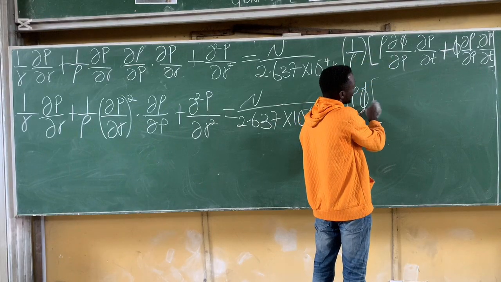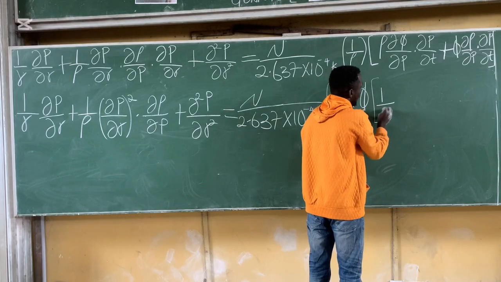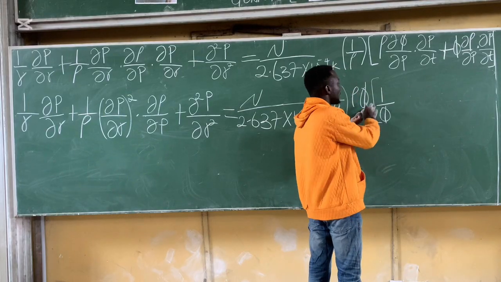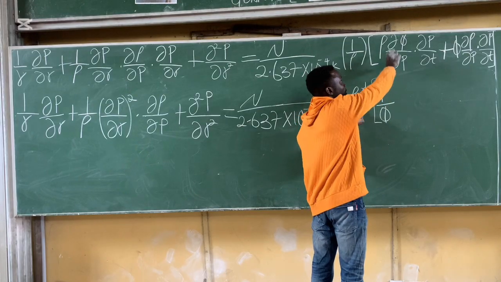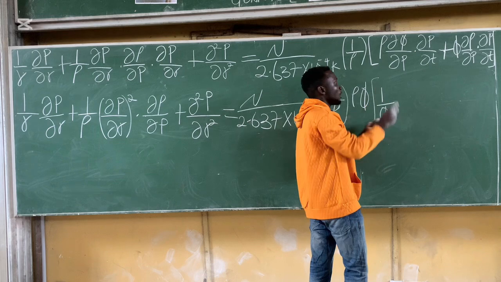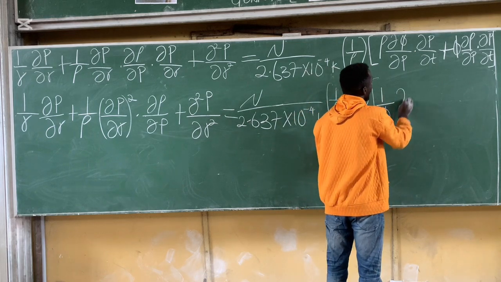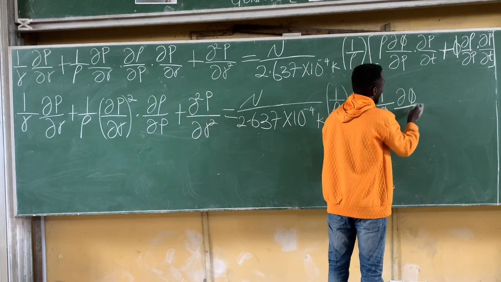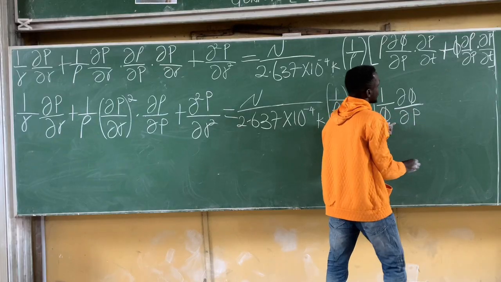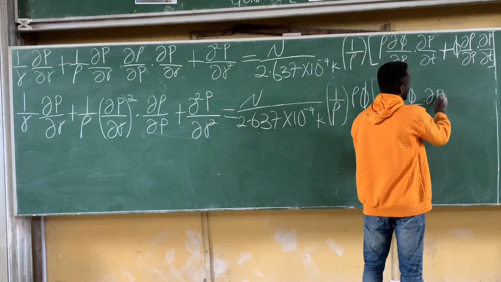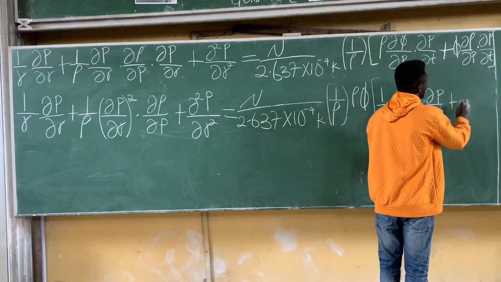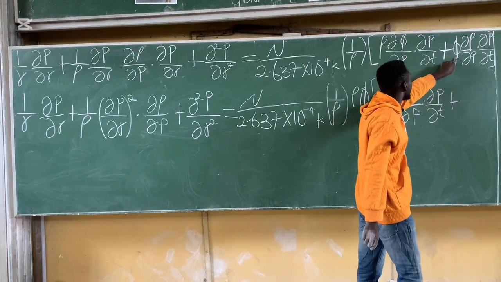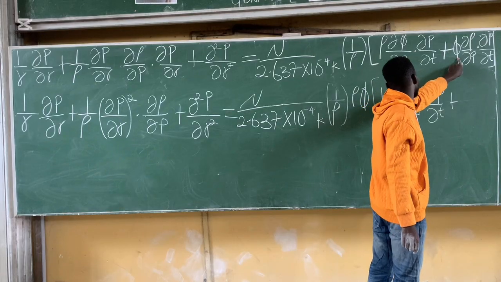So if you factor out phi, you are going to have 1 over phi, so that if this one multiplies this one over phi, you're still going to have 1, just like when there is no phi. So we're going to have 1 over phi into the ∂φ divided by ∂p dot ∂p divided by ∂t plus, if you factor out rho, factor out phi from here, there will be no phi.